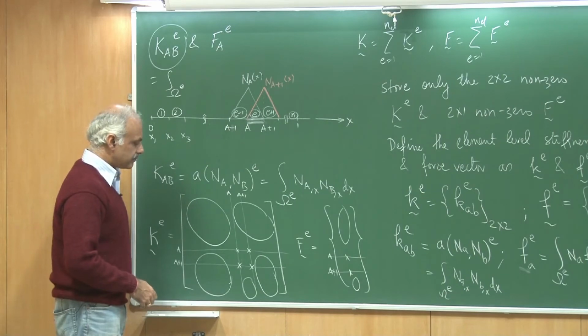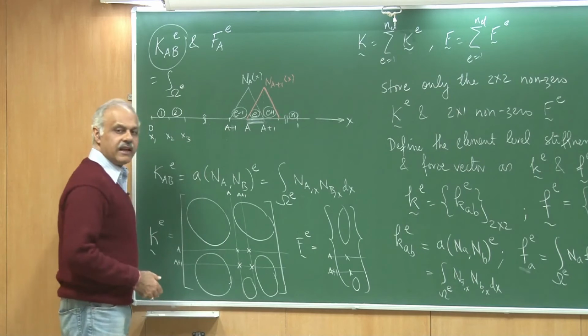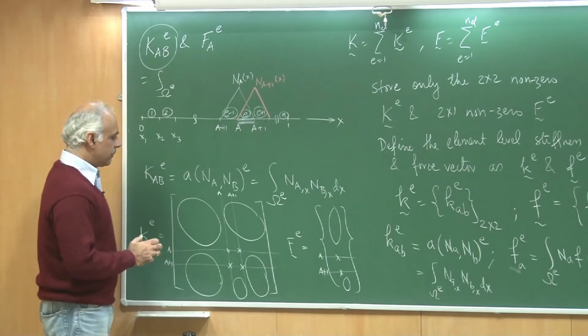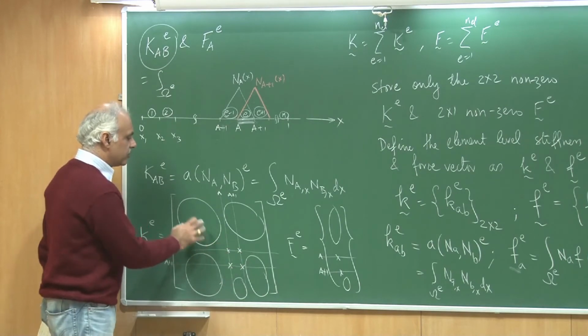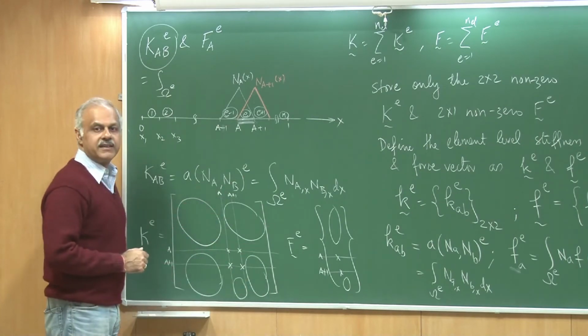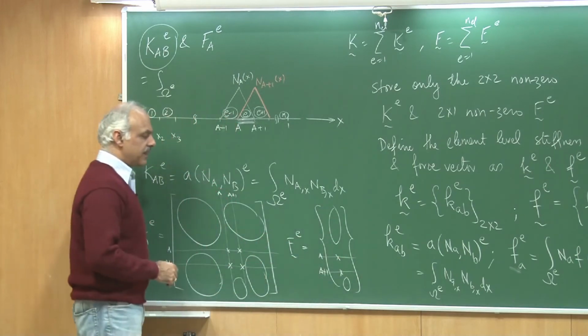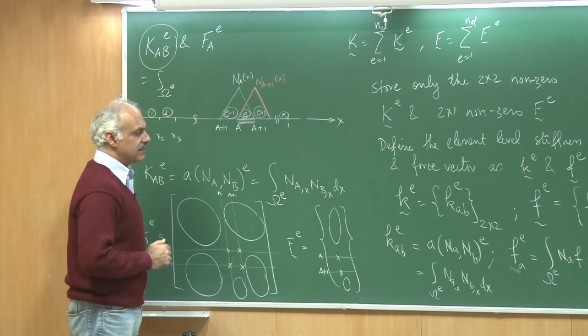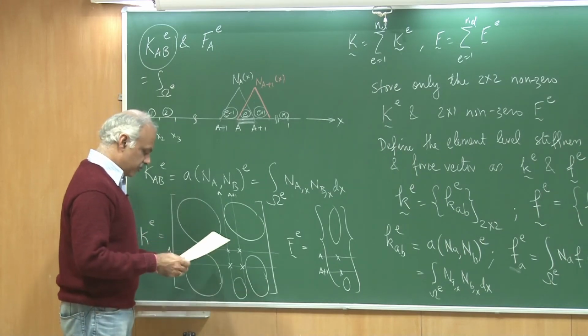The complication is that if I store only these 4 values, I have to keep in mind a way how to put these 4 values at the right place in the big K matrix, and how to put these 2 values at the right place in the big F vector. So, that is some kind of a database that I have to carry and do some bookkeeping.